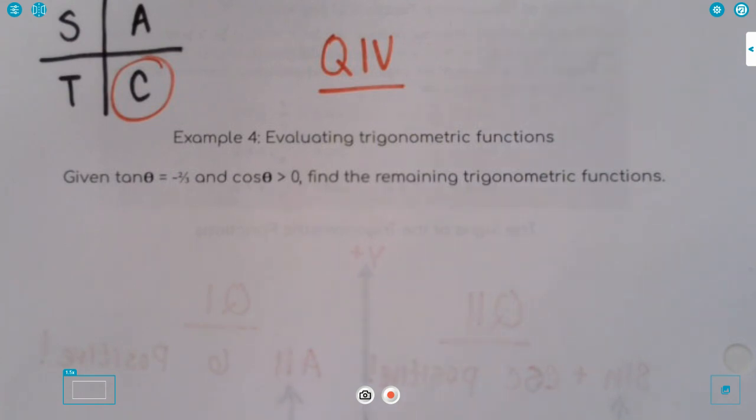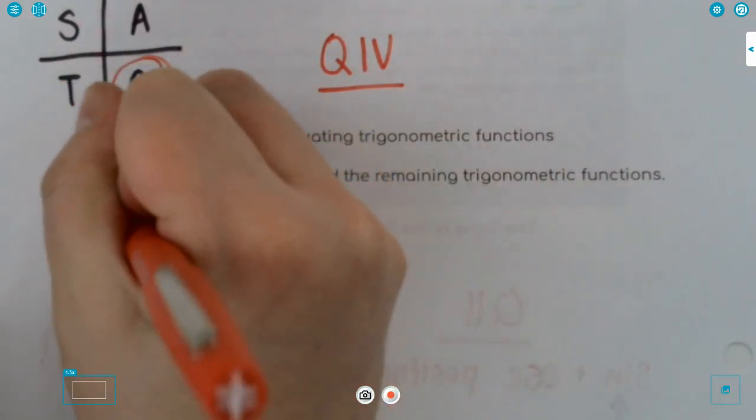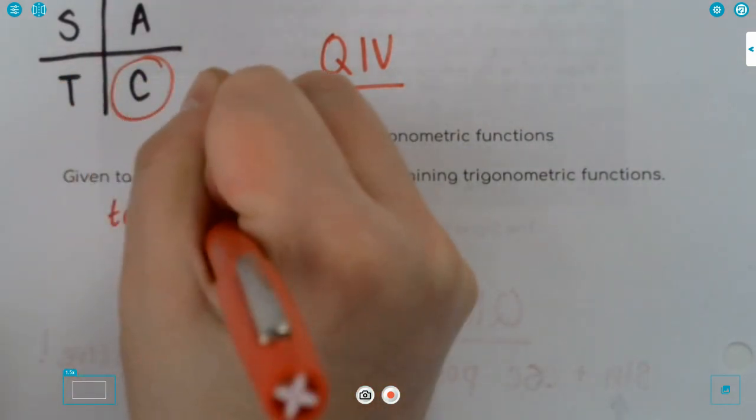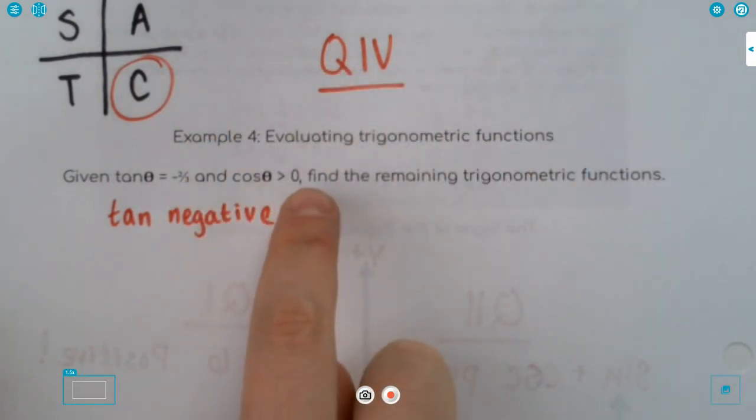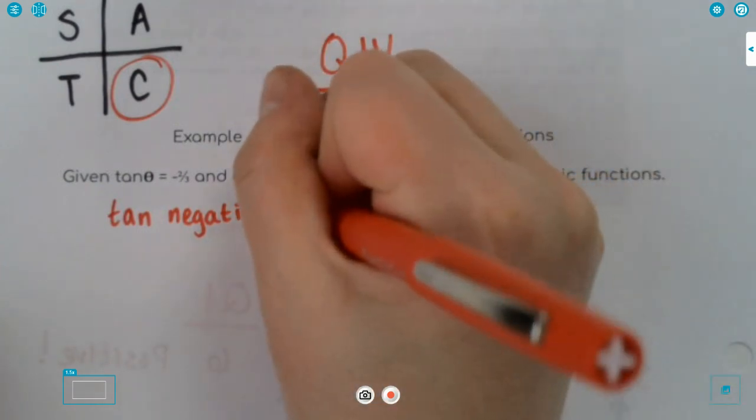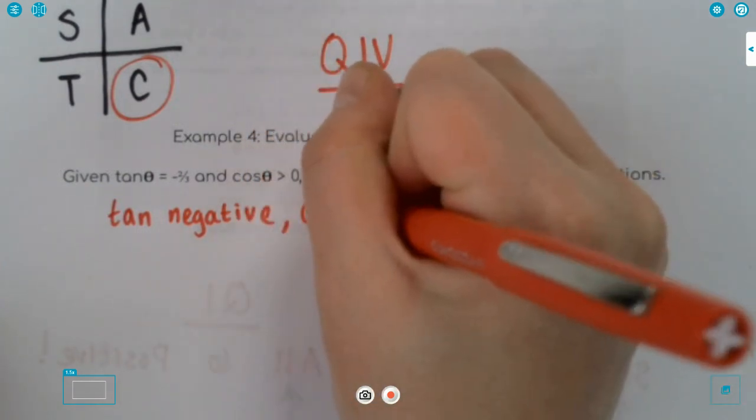So for this one, we are told that tangent is negative 2/3. So we know that tangent is negative. And we're told that cosine is positive, it's greater than 0. So we know that cosine is positive.